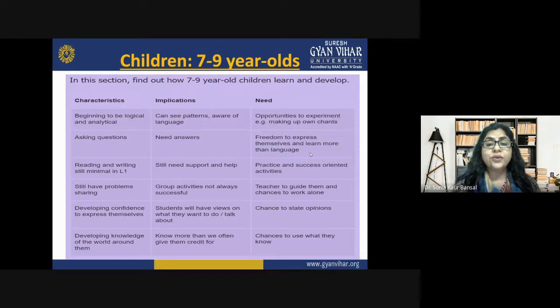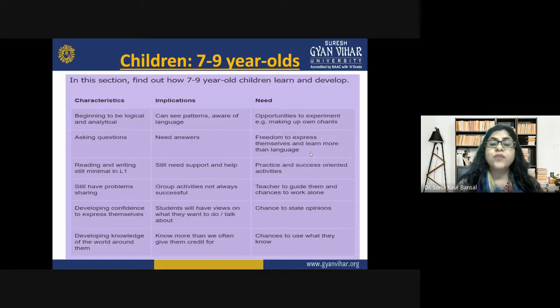So we have to be very supportive and helpful to the children, so that the child practices more and more. More success-oriented activities must be organized by the schools, by the management, and by the teachers, so that they become well versed in reading and writing skills gradually. This is a really important skill in learning languages.